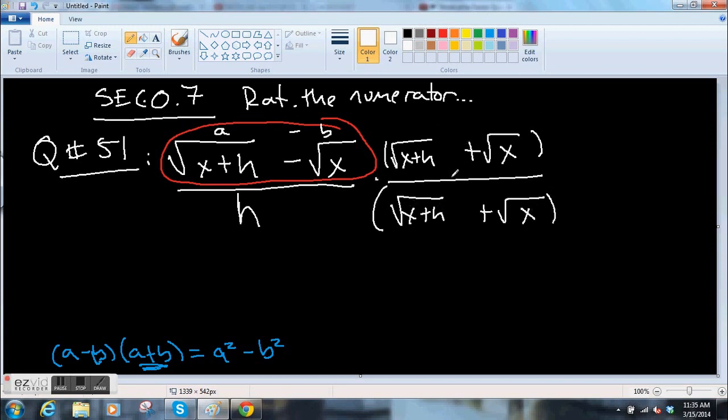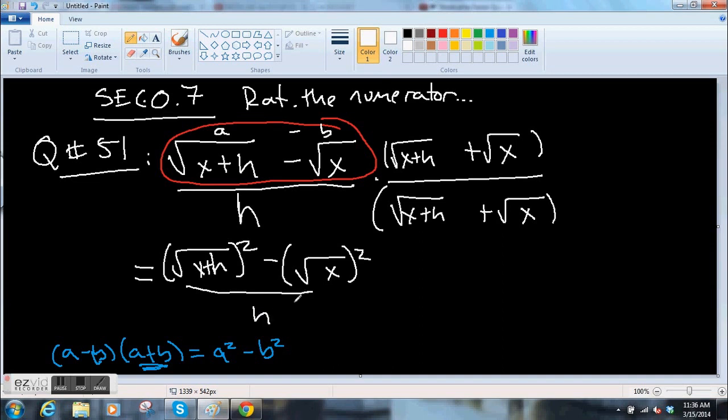So I've multiplied everything by 1 in this fancy form. So now this is like a minus b times a plus b. So it's going to be equal to square root of x plus h squared, minus square root of x squared, still all divided by h.